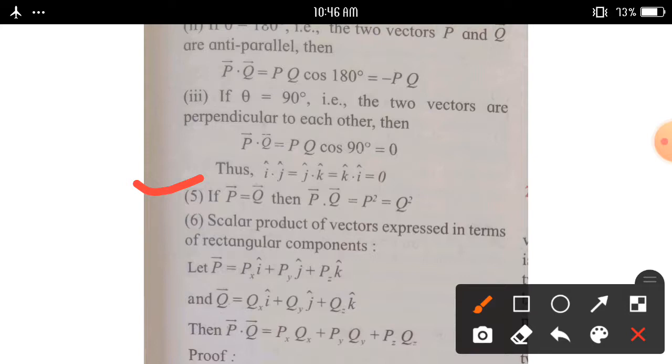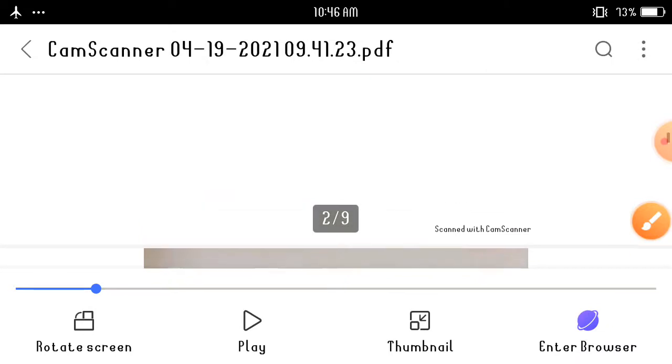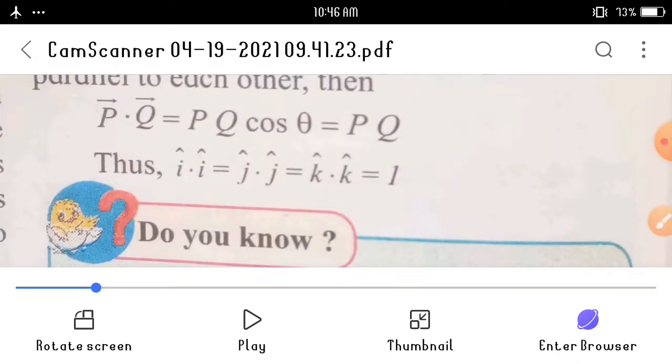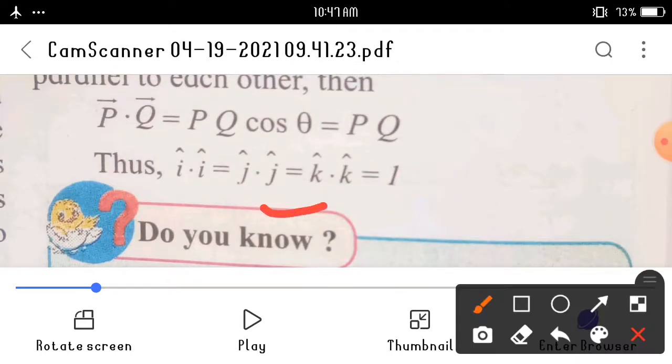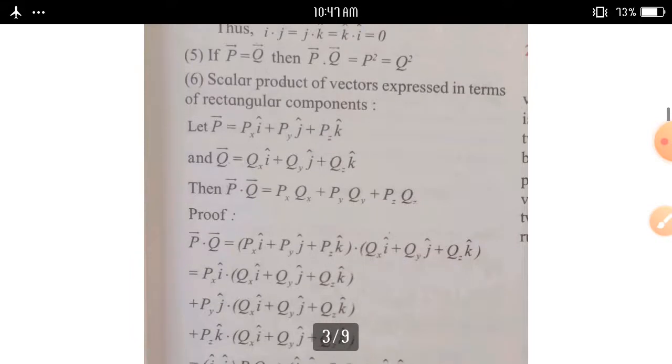And in the first case, for the same unit vector, the dot product is equal to 1. Okay.